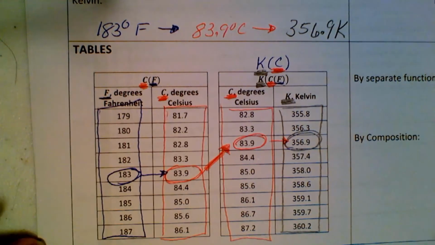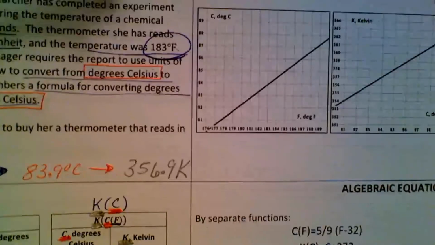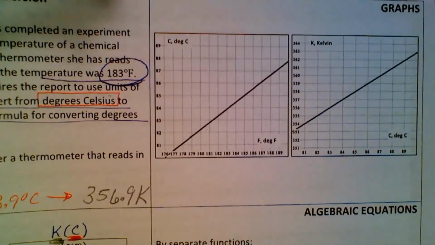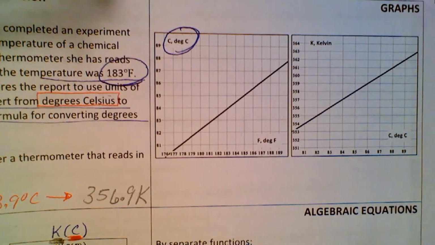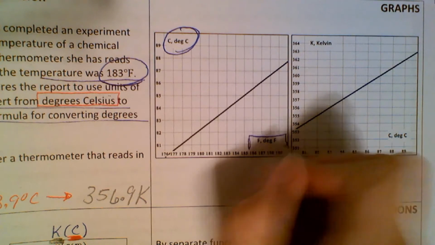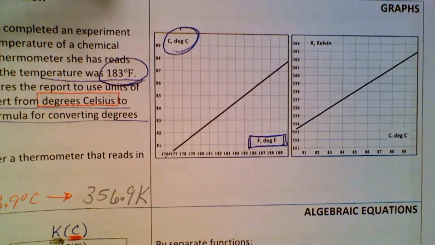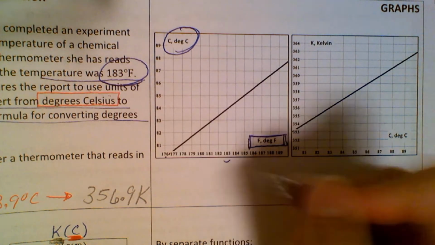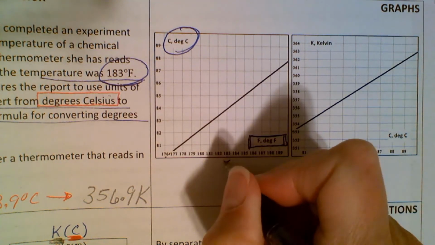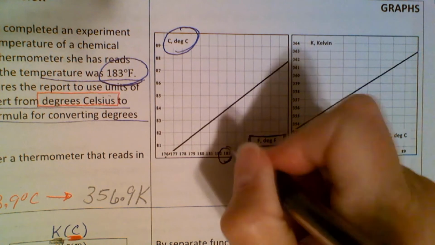So here's where I'm wishing I had my school issued ID, because when I go to graphs, she has the graphs for us. And the graphs told us she had degrees Celsius, which started out, degrees Fahrenheit. I circled that in the wrong color. Degrees Fahrenheit. She finds 183. So tiny, tiny numbers. I want to make sure I got that right there.